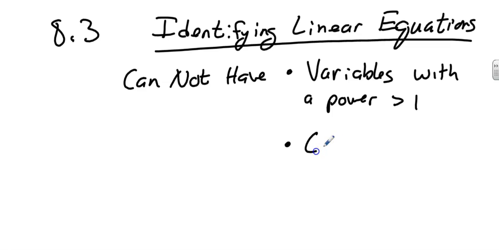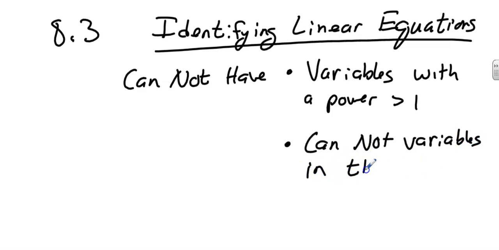Okay, you cannot have variables in the denominator. Because if you have variables in the denominator, kind of like with the objectives we had right before this one, then you start saying, all right, you can plug in every number you want except for this one number or these two numbers.